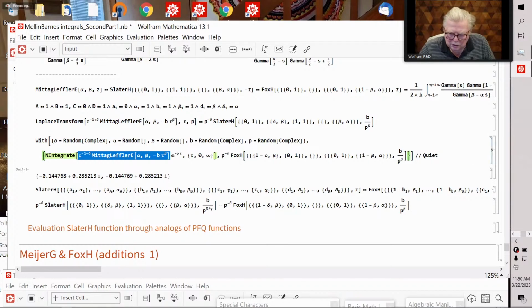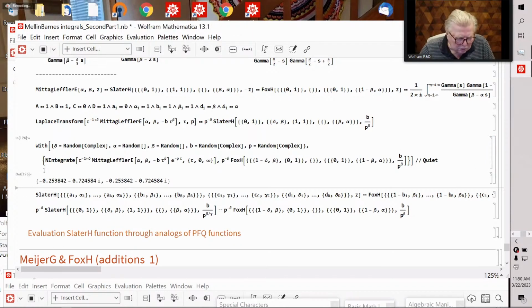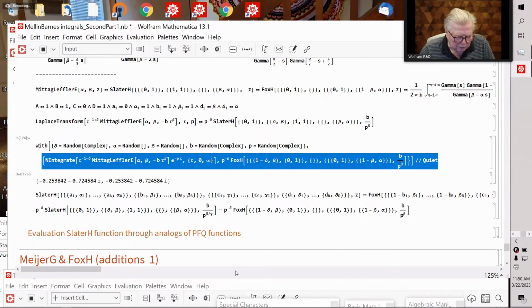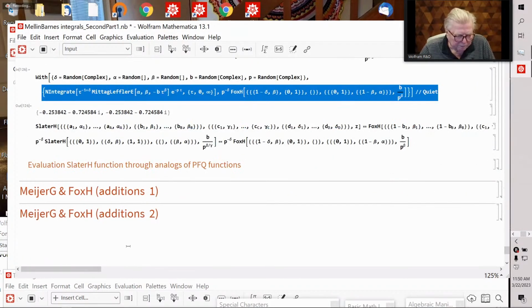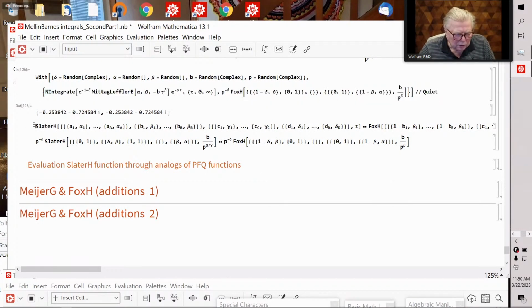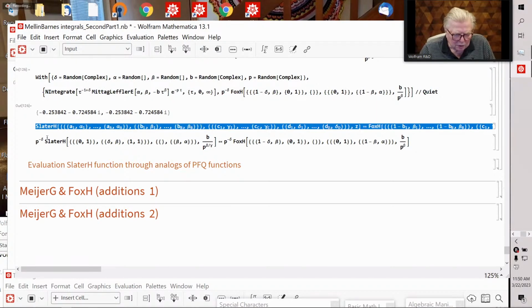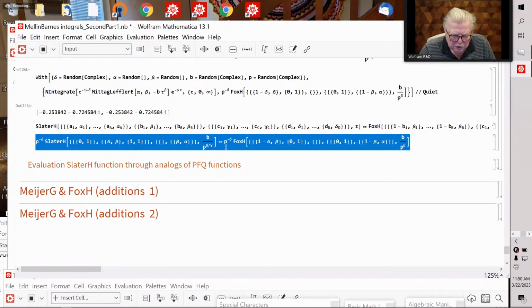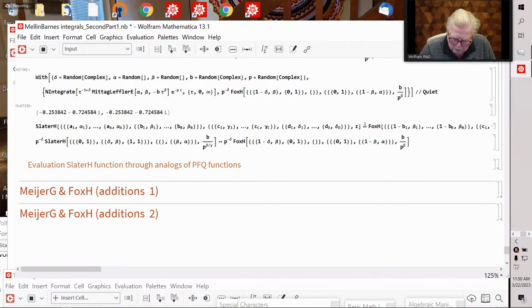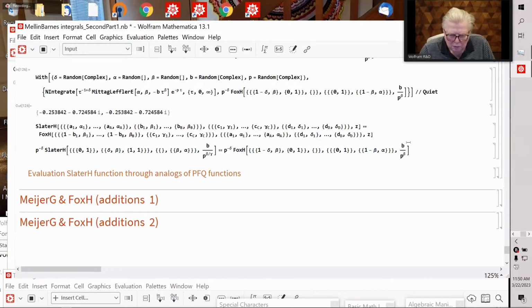And all this, it is FoxH function. And I present verification of such stuff. No, here you see formulas which allow, which useful for deriving these operations.